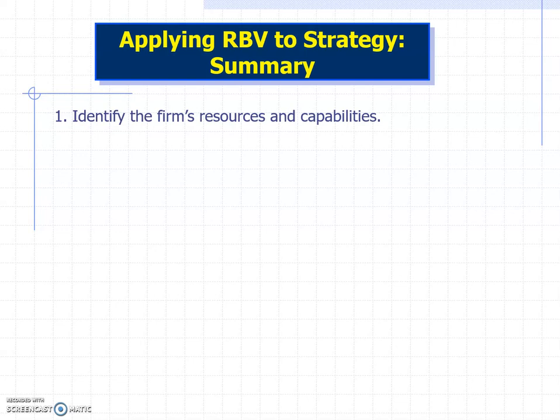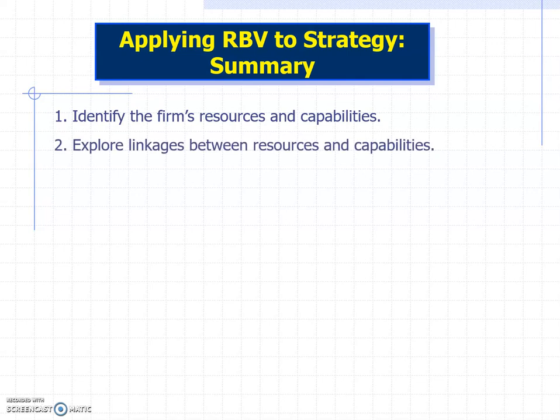And especially Porter's generic value chain allowed us to see the value adding capabilities and processes and activities that the firms do, right? We had these primary activities that add value. So we identify those.